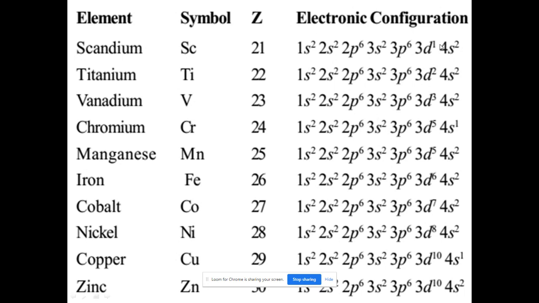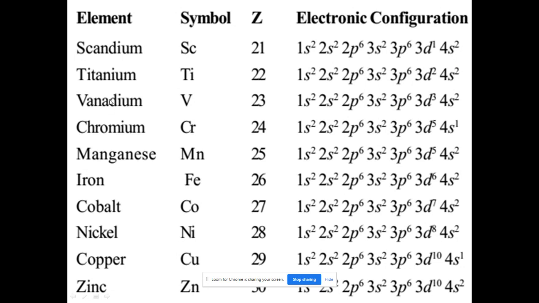In the same way, 3d series elements are those in which the 3d subshell is incompletely filled. The next element is titanium, symbol Ti, atomic number 22, electronic configuration 1s2, 2s2, 2p6, 3s2, 3p6, 3d2, 4s2.